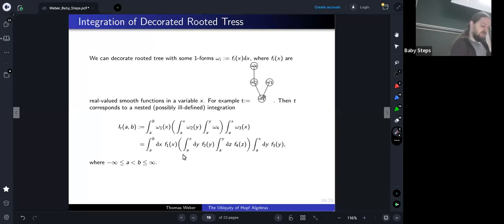But for example, the integration for omega 2 is only considered for omega 2 and also for omega 4, but not for omega 3, since this is not in the branch following omega 2. Okay, I don't know if this was clear. I'm running out of time. So this is for nested integration.